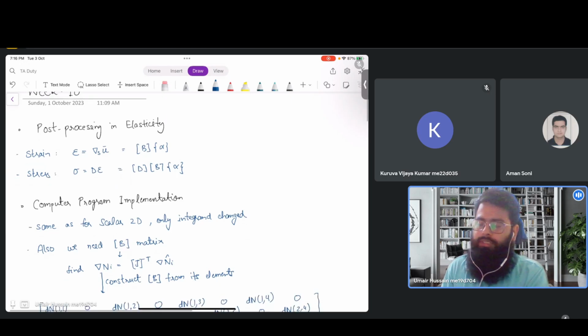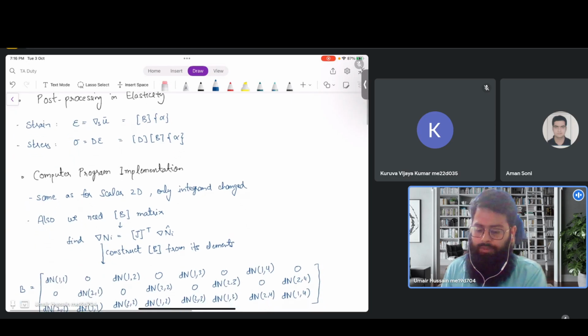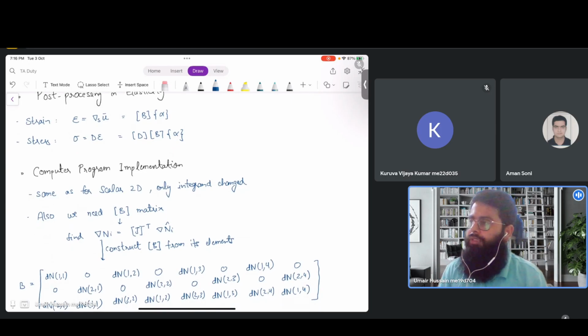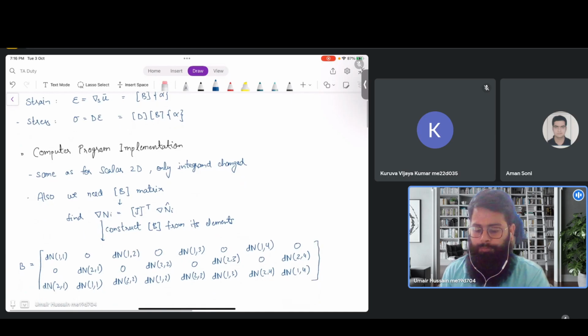Now instead of the N matrix or the gradient N matrix, we need to find the B matrix, which can be calculated using the gradient N matrix. So the procedure is as follows.